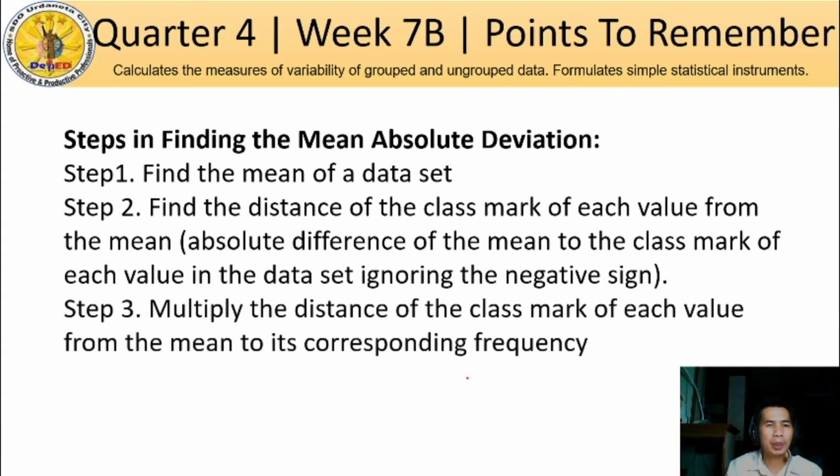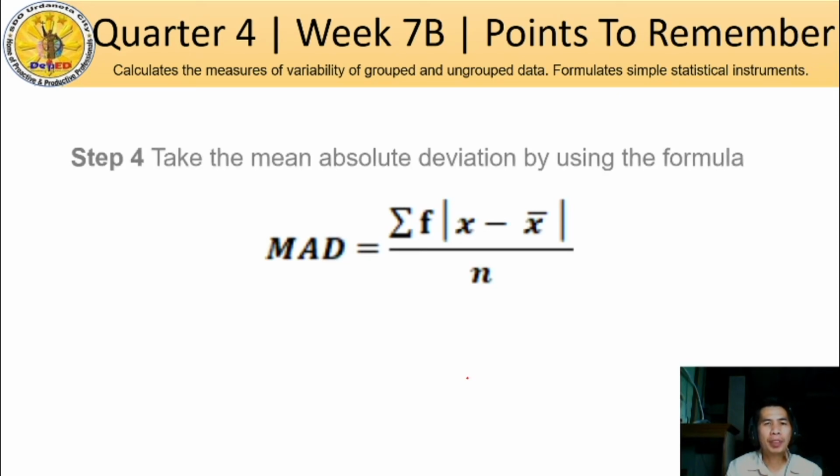So, for step 3, multiply the distance of the class mark of each value from the mean to its corresponding frequency. So, we're going to multiply the frequency at saka yung nakuha natin na difference ng class mark at saka ng mean. Then, number 4, take the mean absolute deviation by using the formula.